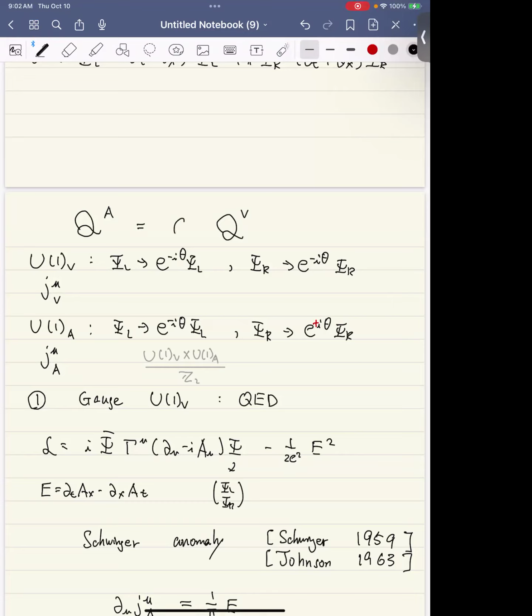Let me call it C_R, where C_R performs a charge conjugation only on the right-handed Weyl fermion. I hope that is clear because the only difference between the vector and the axial charge is that you flip the sign here versus here. So if you take a conjugate on psi right, you swap what you mean by vector versus axial.